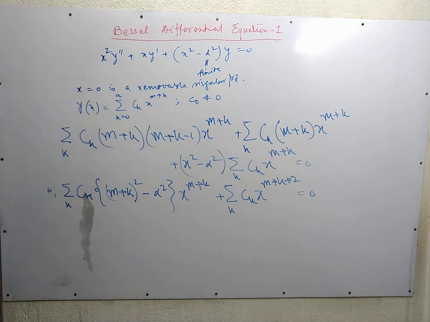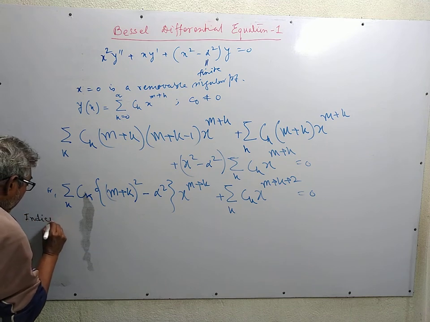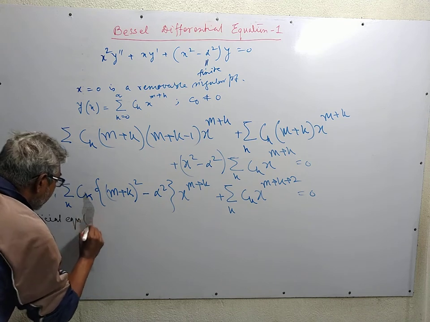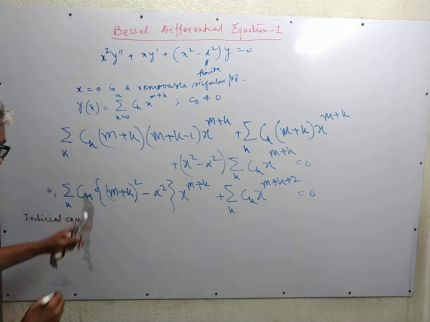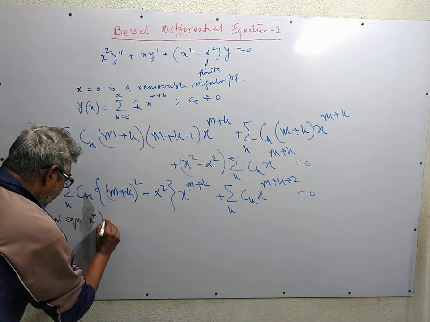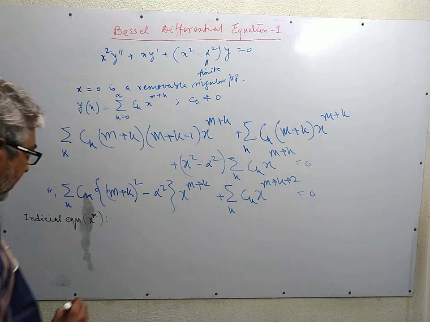For the indicial equation, there will be two indicial equations. One is obtained from the coefficient of x to the power m, where only this term contributes, and that too for k is equal to 0.